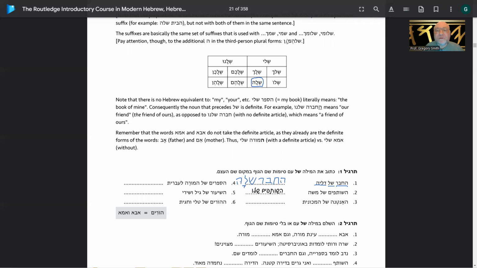I think that's what they're looking for here. Yeah, there it is. Okay, that's what they're doing. So haver shela. It's almost like shala because this lamed has an a sound under it. Okay, we're getting the hang of this.